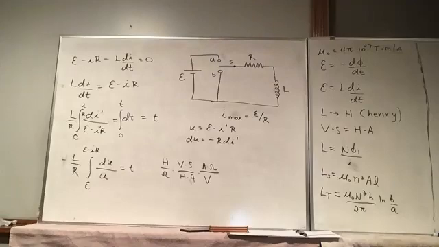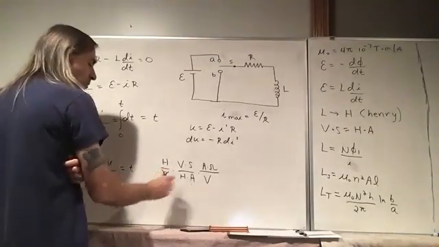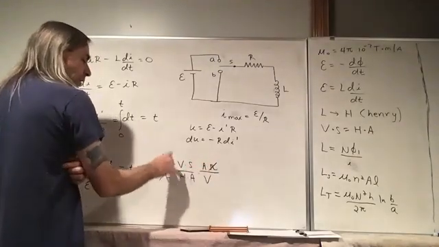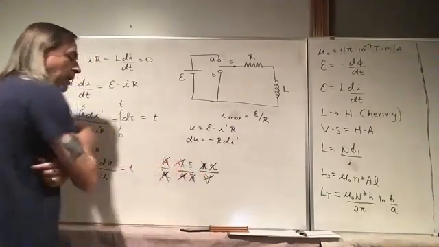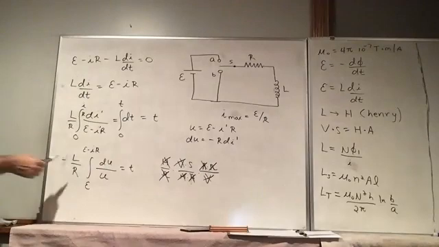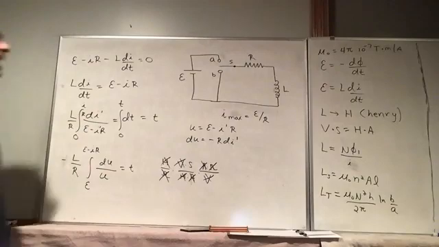Let's just cross off our ohms, henries, amps, and volts. So a henry over an ohm is equal to a second. And so we're going to give this a name. We're going to call that the time constant.